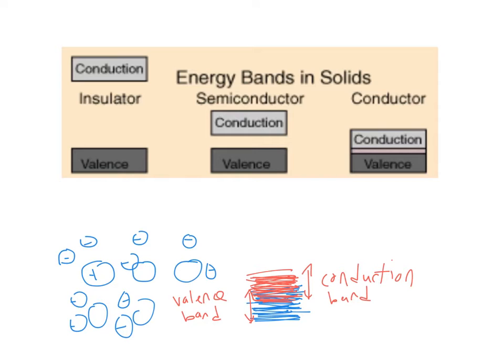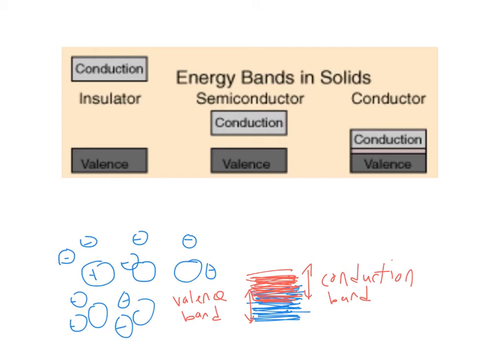That means you're giving it a bit of energy. They will actually easily move into the empty spaces. So when they start to move along the empty spaces, that is when we say that electrons are flowing. So that gives us the current. So this is why for a conductor, the electrons are able to conduct electricity easily, because it's easy to move over to the conduction band.